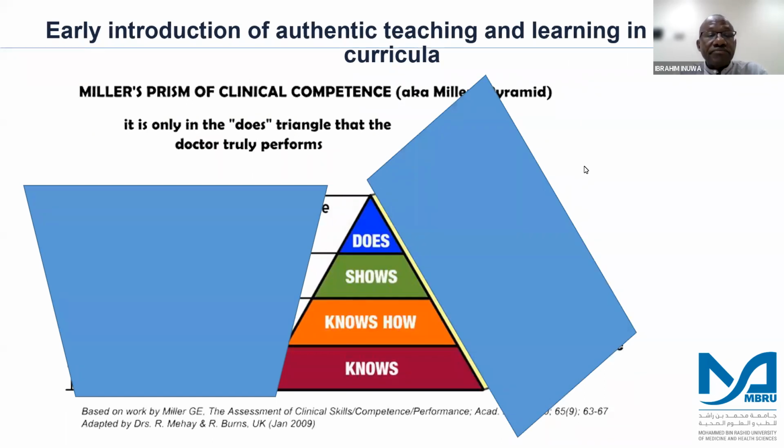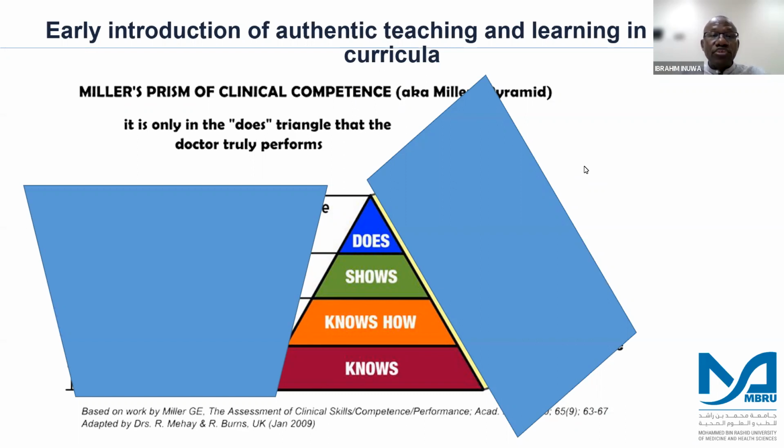Okay, then where do we start as basic scientists? How are we able to empower them through our basic science? And I think we do not need to reinvent the wheel. Miller has shown this to us a long time ago, that if you are training someone for competence, think about the training process as a pyramid, in which case there is a base or a foundation.